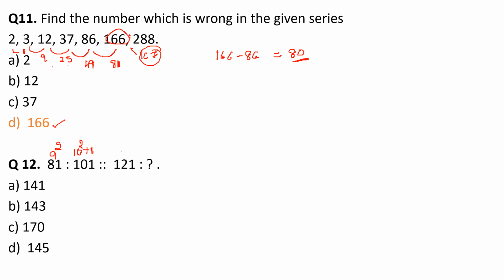Similarly, 121 means 11 square. So as per this, 9 plus 1 is 10. So 11 plus 1 will be 12 square plus 1. 12 square is 144. So 144 plus 1 will be 145. So the next number will be 145.